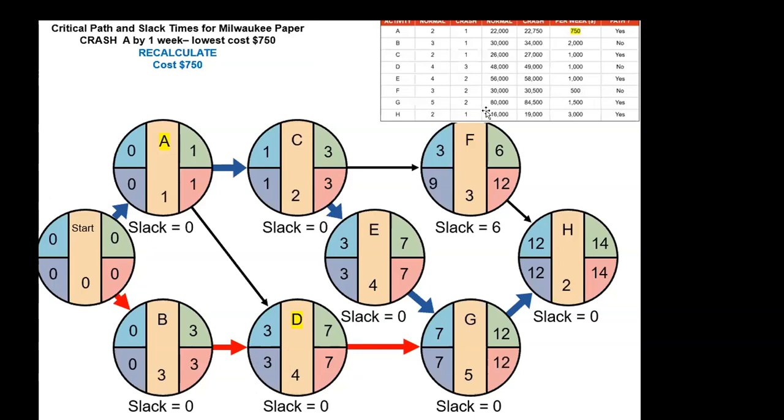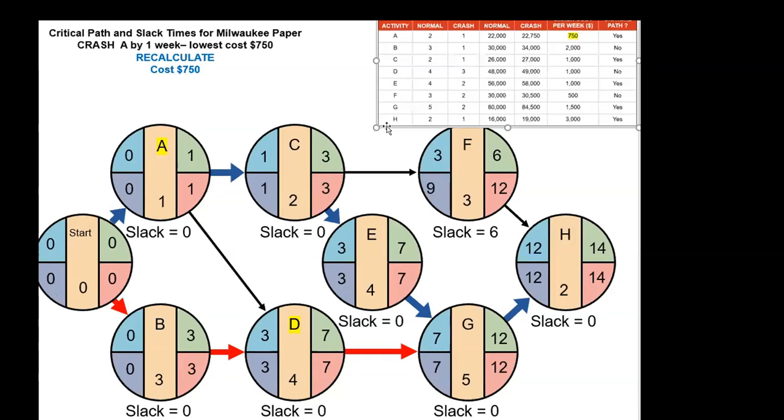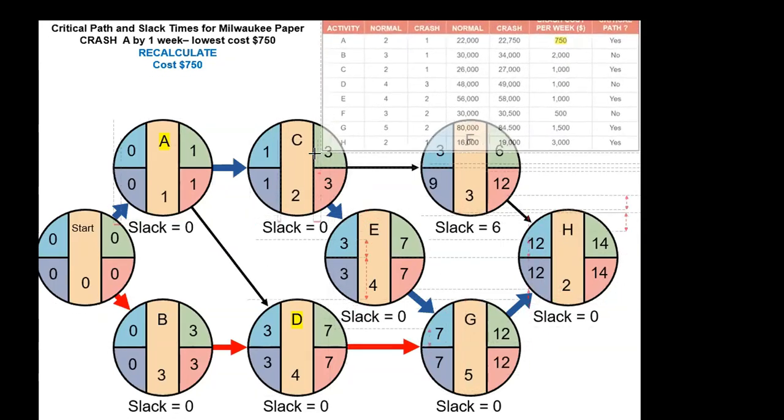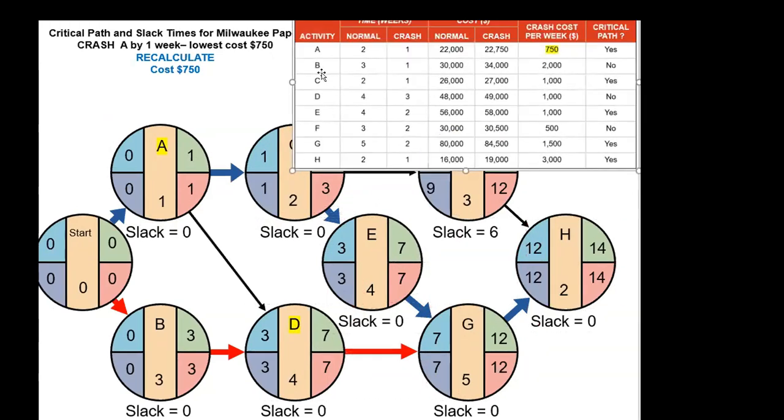Now what I do, I just duplicate this slide or copy and paste the same slide and change the numbers for the next step. For the next step, look here. On critical path 1, which one has the lowest cost? A, 750 is the lowest.